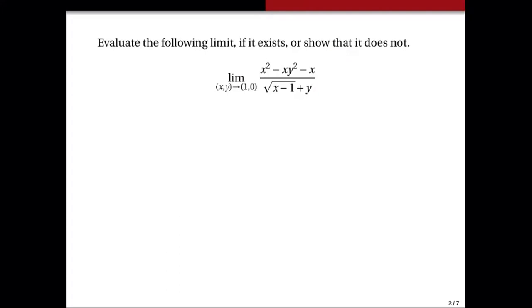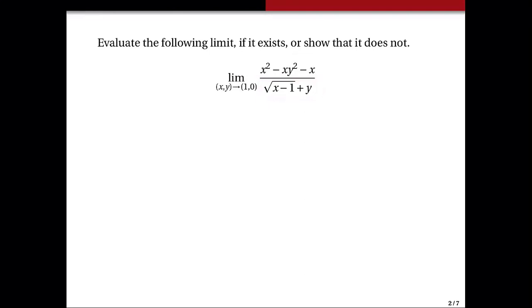Maybe in here in the numerator, if you look at this, x can be factored out. Maybe that would be one of the steps that we need. And then if you look at this, it is just a radical expression.